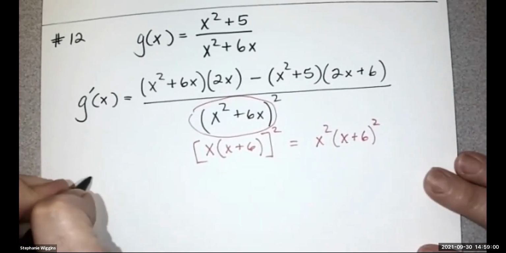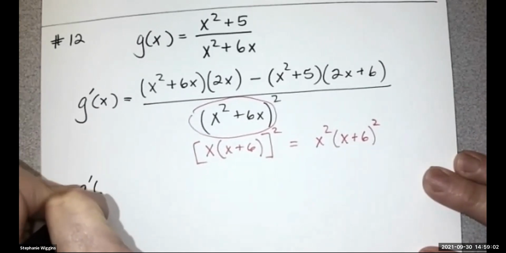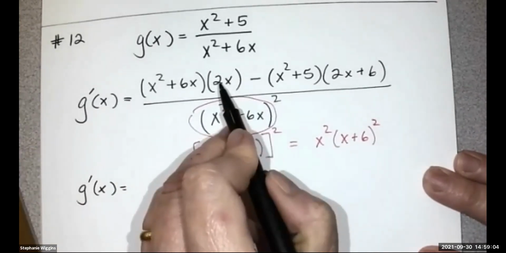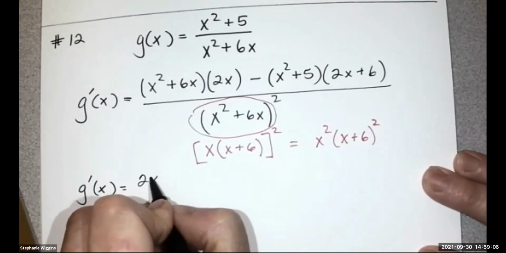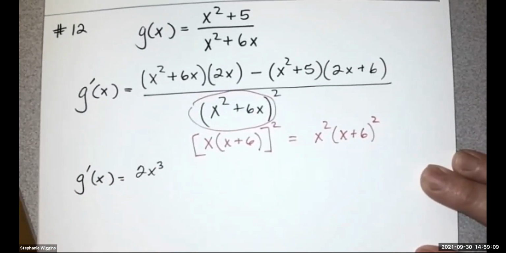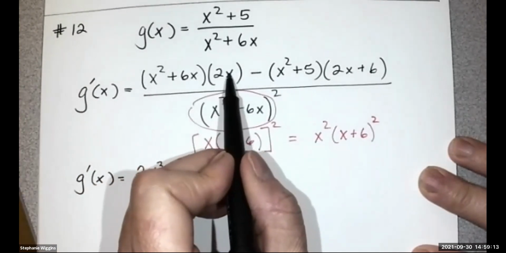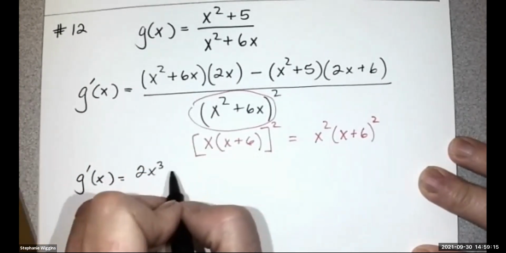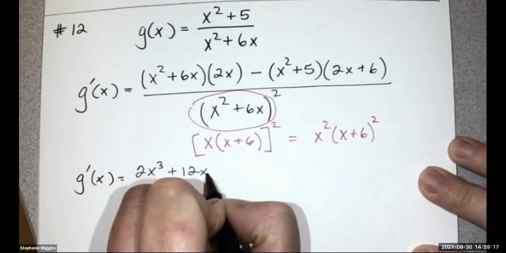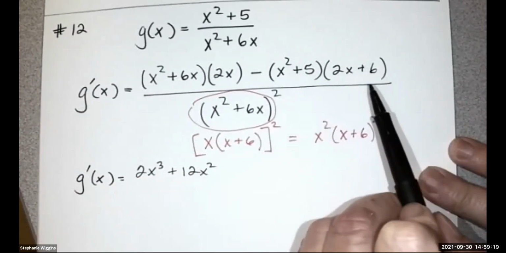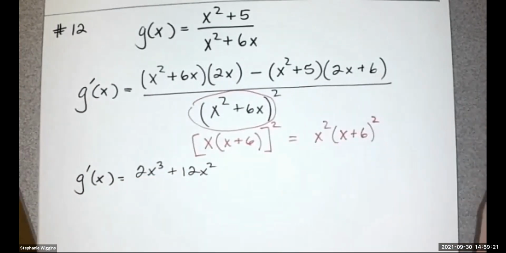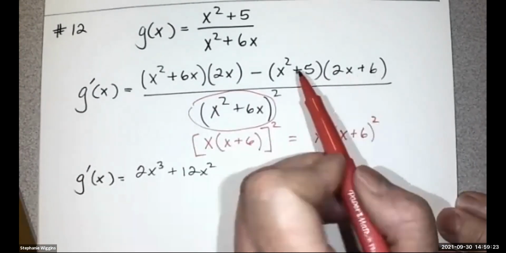And so when we do this, we're going to work on the numerator now. We have 2x cubed. Okay, 2x cubed. I'm distributing this 2x here. 12x squared plus 12x squared. Now, I've got to FOIL this. So when I FOIL this, the first terms are going to be 2x cubed.